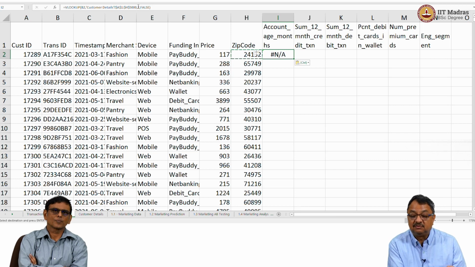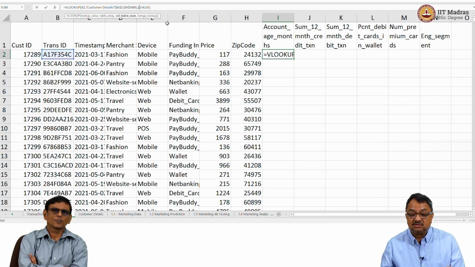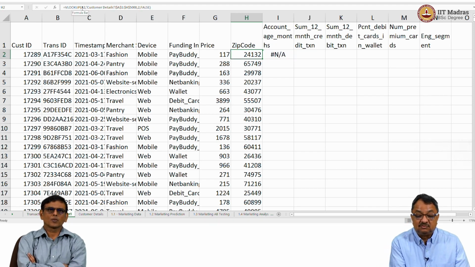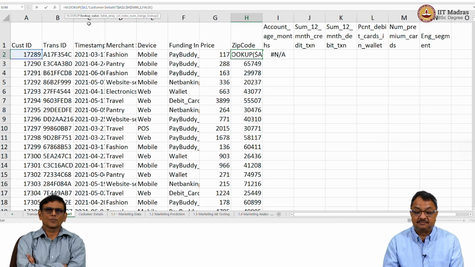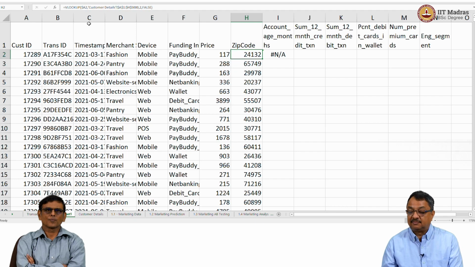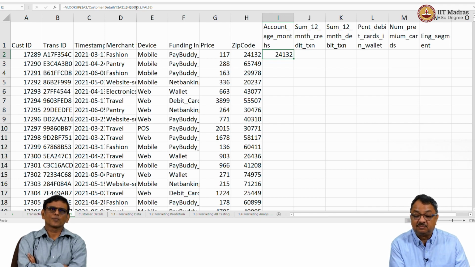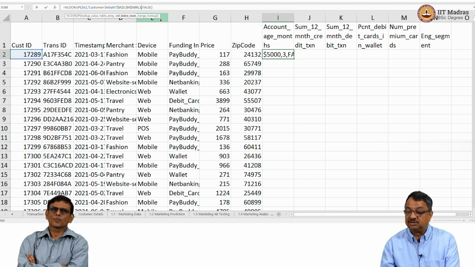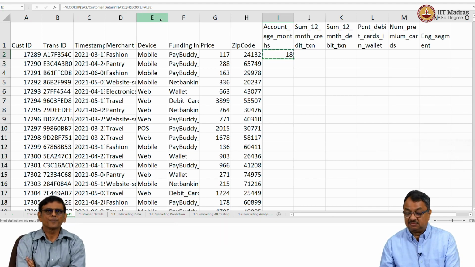And now here we want column 3. Actually, what I should have done was, we always want to look up A, right? Because always we are looking at customer ID, but now we don't want to look up zip code. We want to look up something else. Let me do one thing.